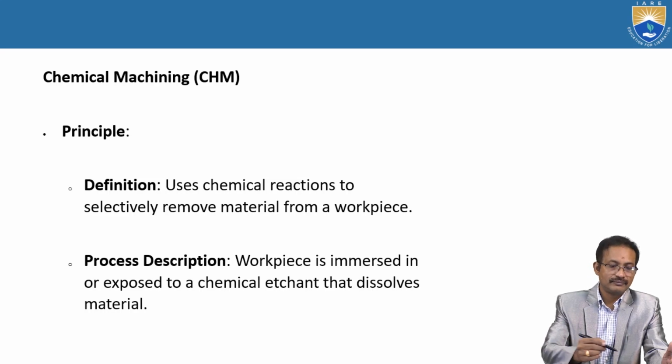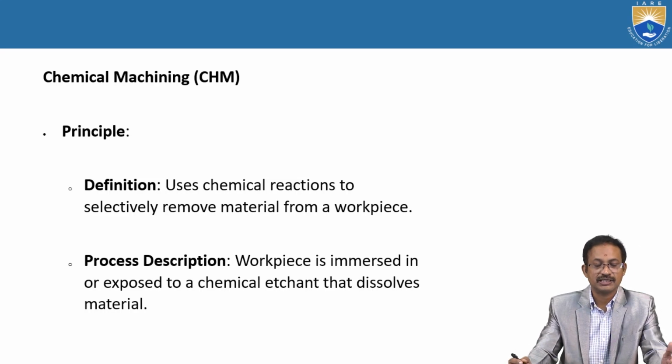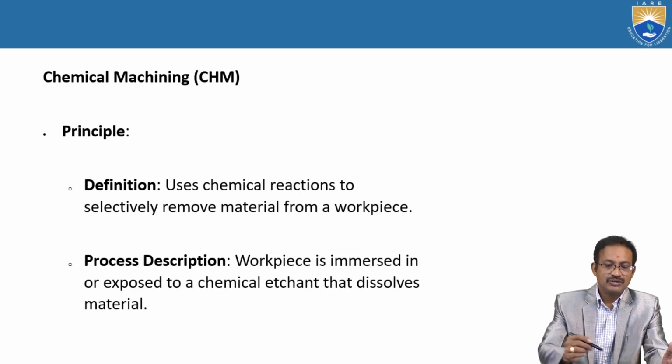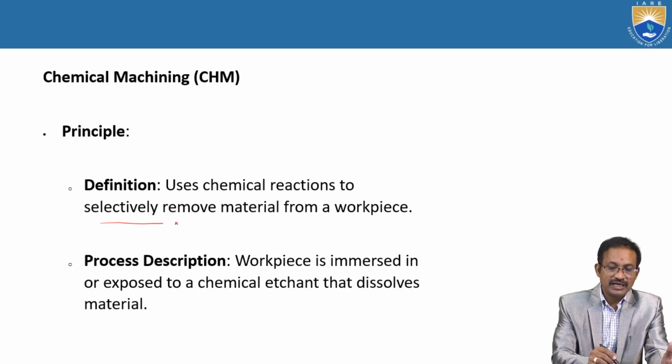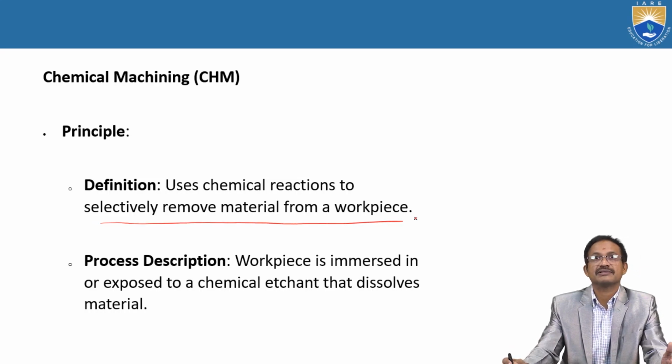Next, chemical machining. Principle, definition: uses chemical reactions to selectively remove material from a workpiece.